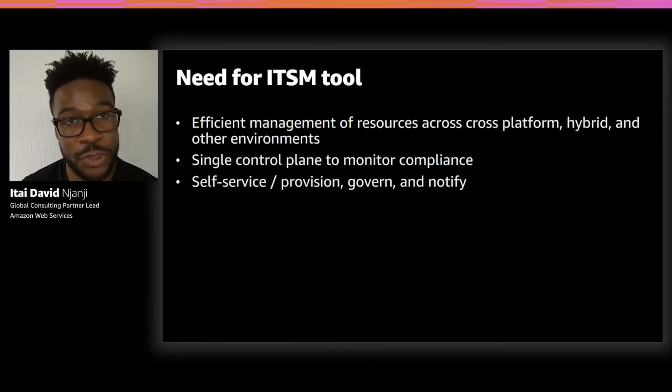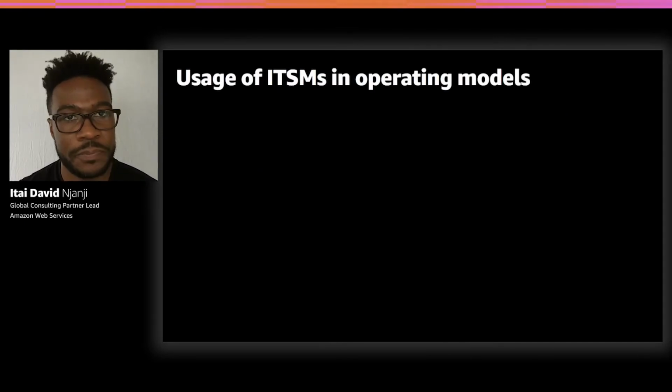As a result, as you think about compliance as code, as you think about the framework, you ought to think about how to meet customers where they are. And in this case, that also means integrating with an ITSM. Today, I'll use ServiceNow as an example of an ITSM. The lessons learned during this presentation can be extended to other ITSMs such as Jira Service Desk and so forth. So let's take a closer look at how these ITSMs are currently being used.